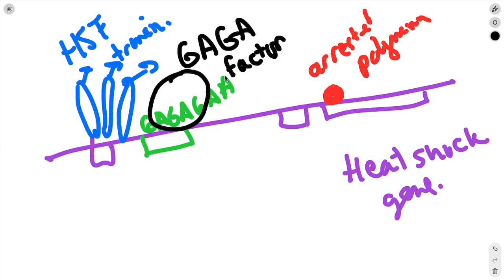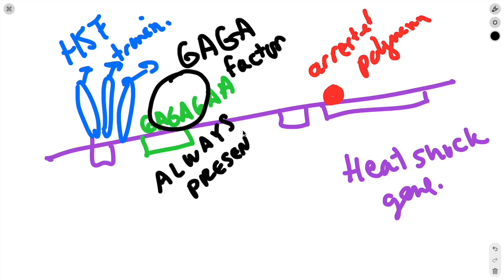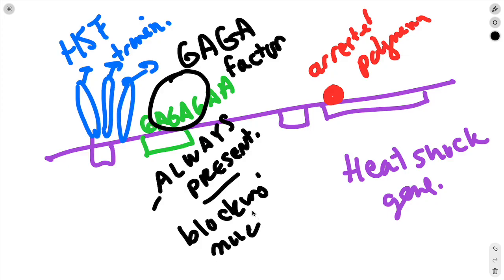And it is remodeling the chromatin. And the GAGA factor is always present. And what it's doing is it's blocking nucleosomes from binding right there.